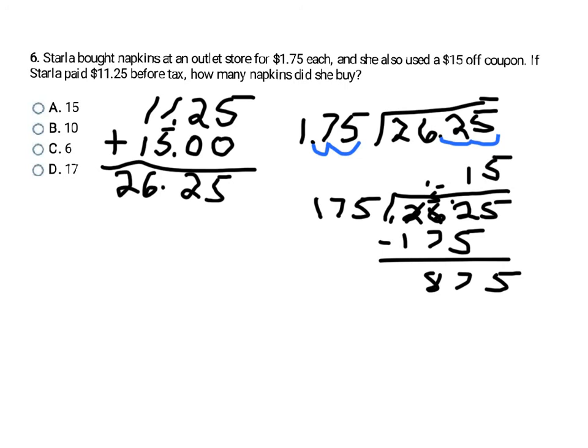And so if you weren't sure on that, you would just go over here and work out a couple of multiplication problems. 5 times 175 is 875, so when I subtract that, I get 0. And so that means I have no remainder, and I'm done. I don't have any more numbers to bring down, so that means that she was able to buy 15 napkins for my final answer of A.